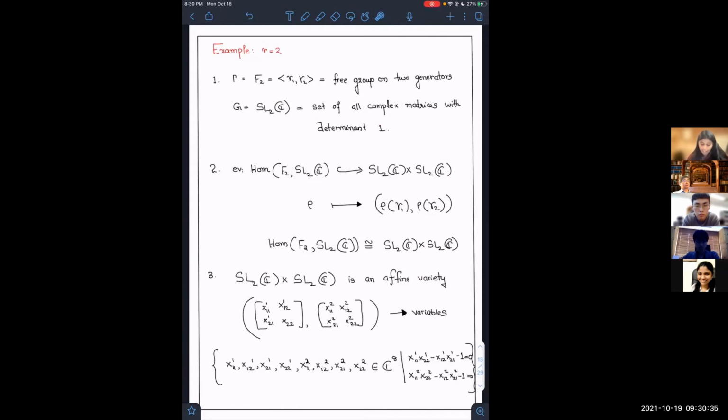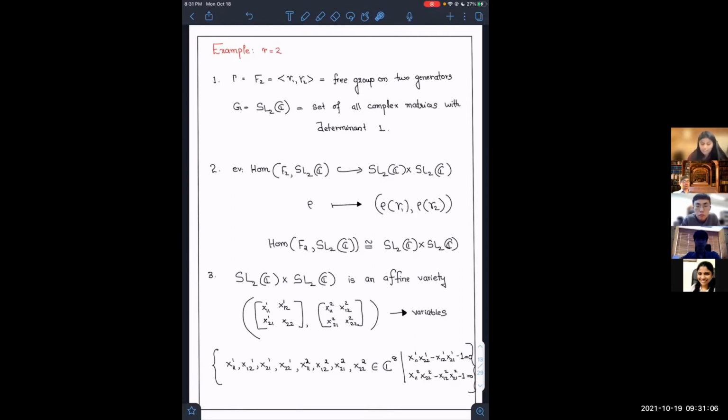Then we look at the evaluation. I will get to in a minute why the explicit description of why SL2C is also a variety. So we look at the evaluation map from Hom(F2, SL2C), the set of all homomorphisms from F2 to SL2C, which basically means every homomorphism is the image of gamma 1 and gamma 2, which are pairs of matrices in SL2C.